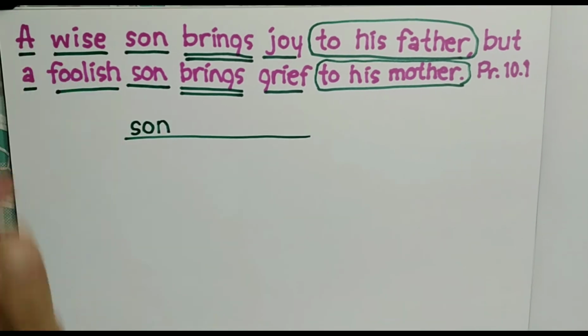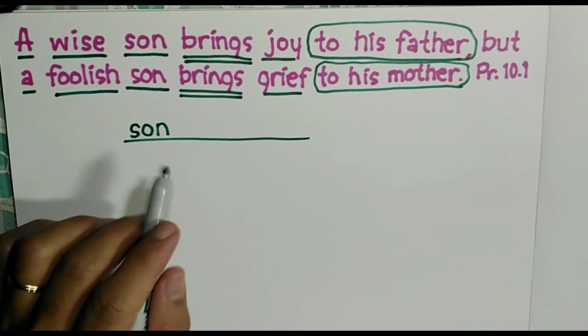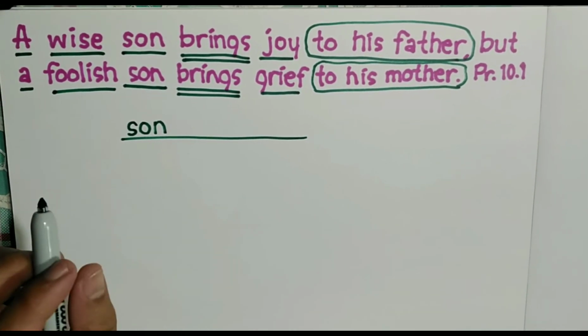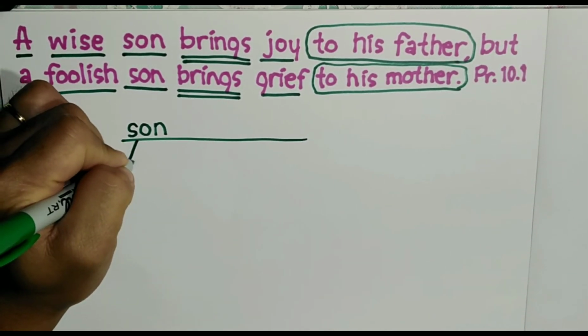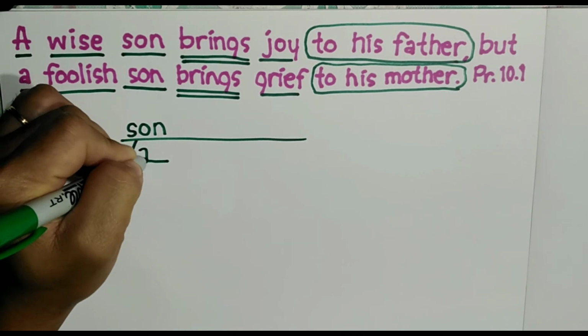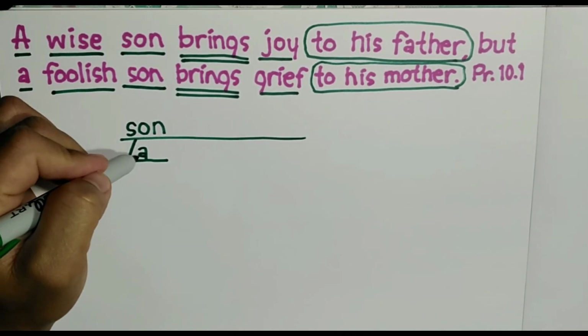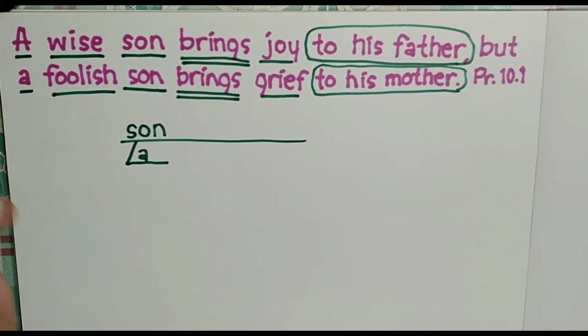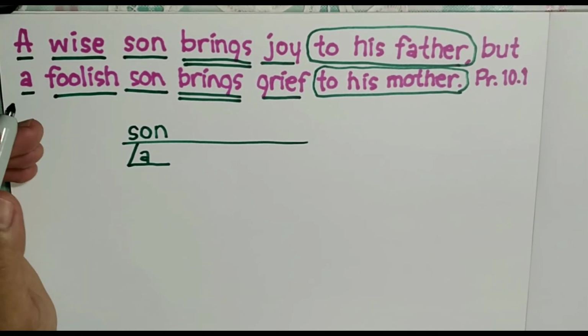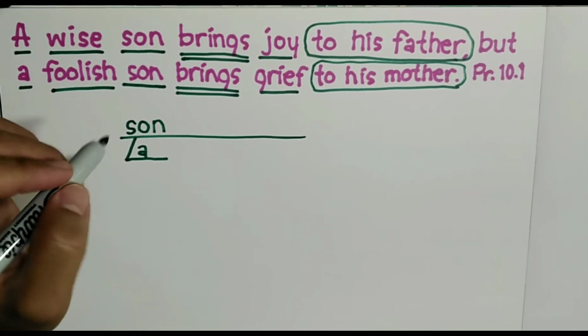Okay, that's a son, right? And then, what kind of son? A wise son. Okay, so I will put a here, because a is an indefinite article and it pertains to son. It describes a son, a son. It's not a specific son, it could be any son.